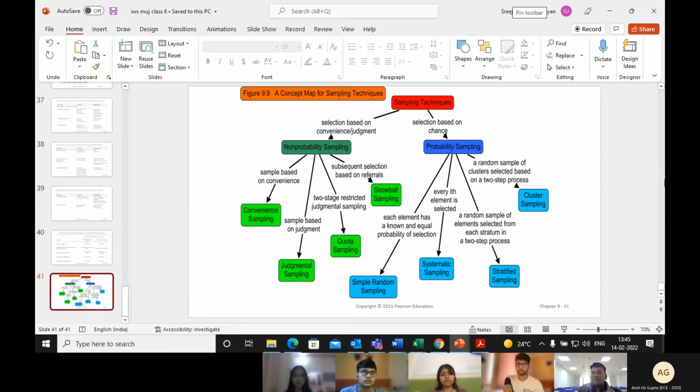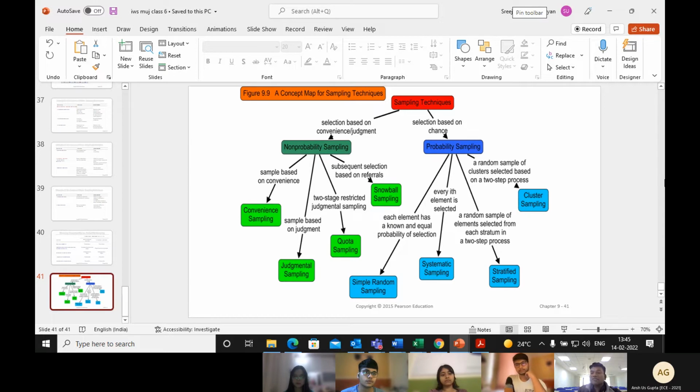Now, under probability sampling, again, there are four divisions. The simplest and most widely understood is simple random sampling. In this technique, every respondent has an equal chance of getting picked. Each element has a known and equal probability of being selected for the sample.